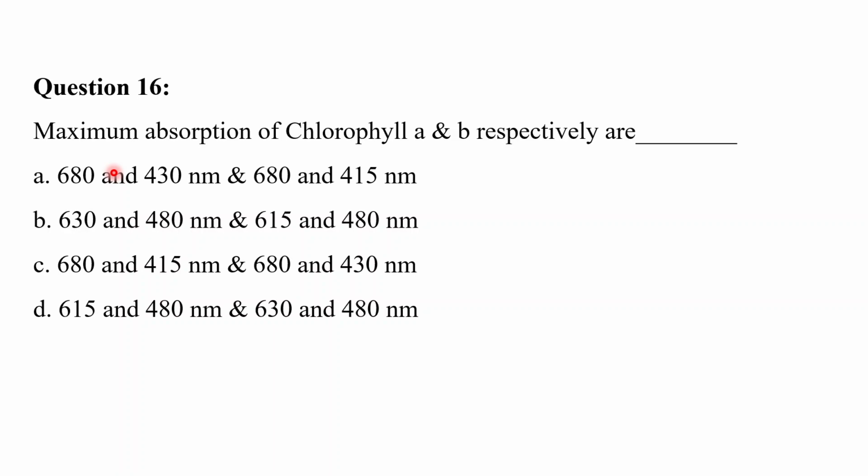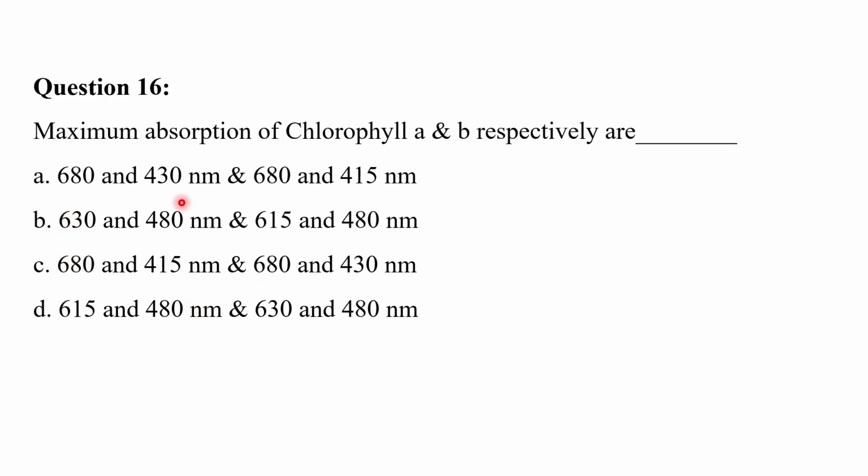So the next question is question number 16. Maximum absorption of chlorophyll A and B respectively are. Now these are the chlorophylls that are present in all the plants and different algae. Option A is 630 and 430 nanometer and 680 to 415 nanometer for chlorophyll A and B respectively.